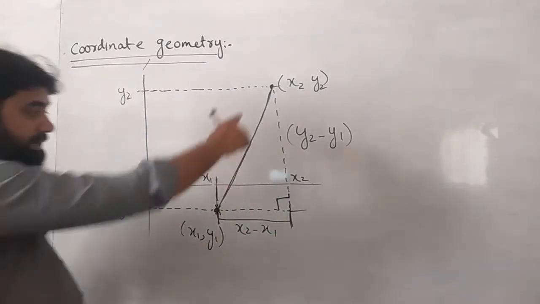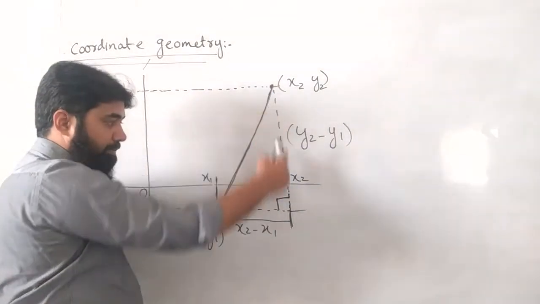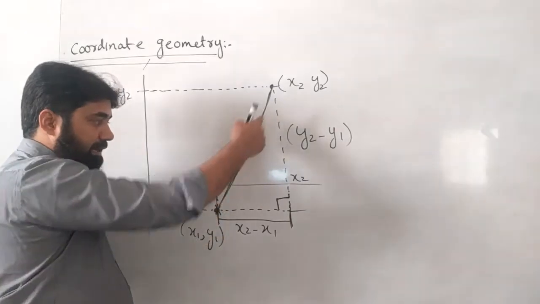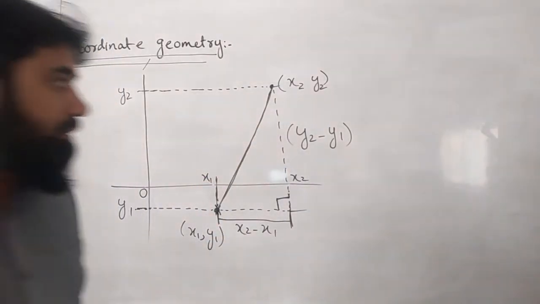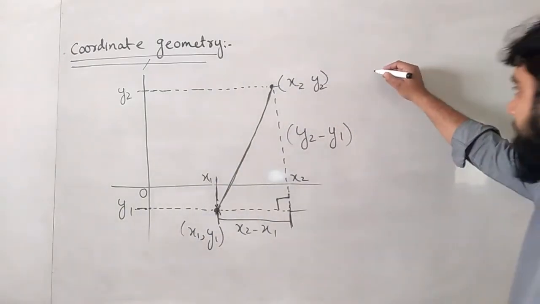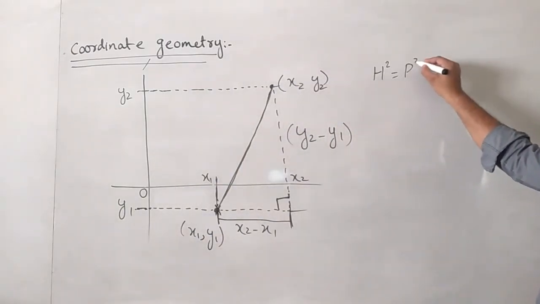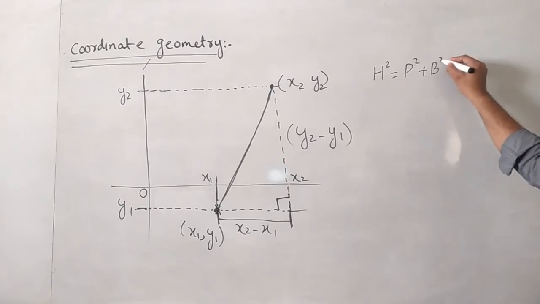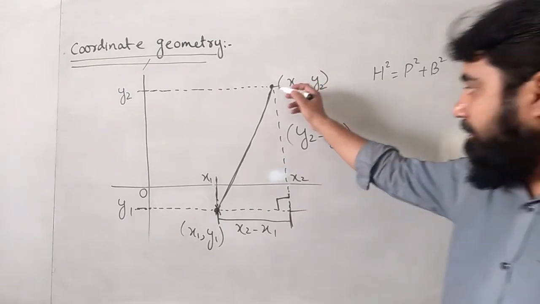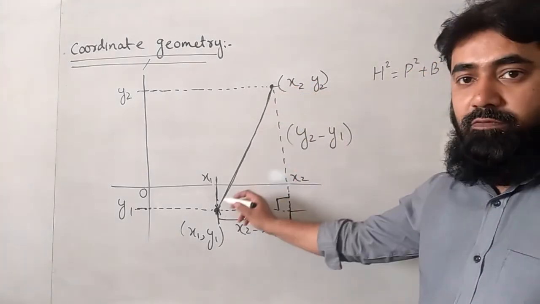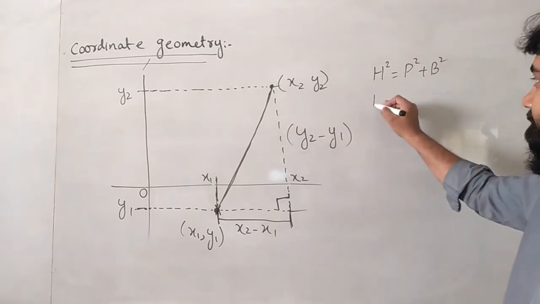It's a right angle triangle. Perpendicular is there, base is there, and I have to find the hypotenuse. By the Pythagoras theorem, hypotenuse square equals perpendicular square plus base square. The hypotenuse is the length I have to find, the distance between these two coordinates.